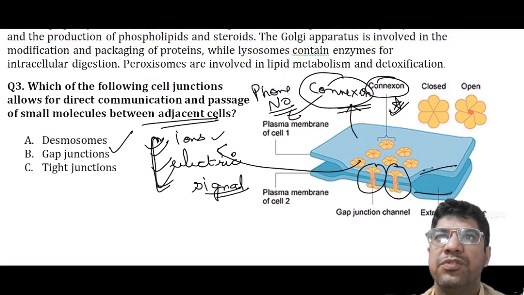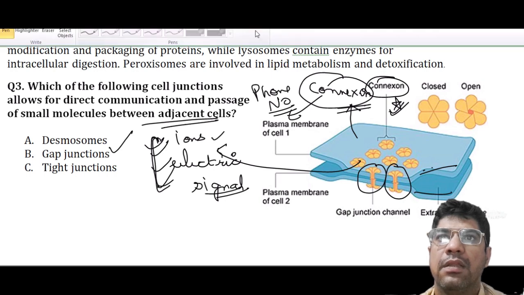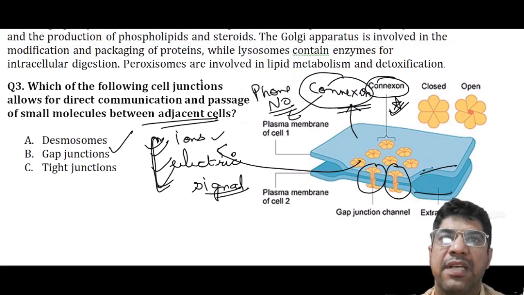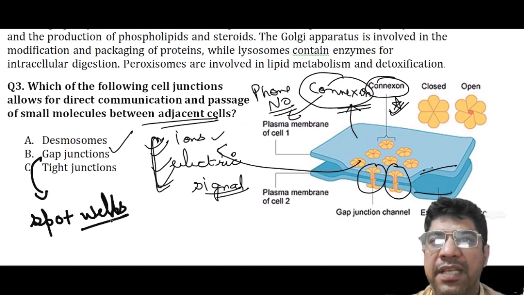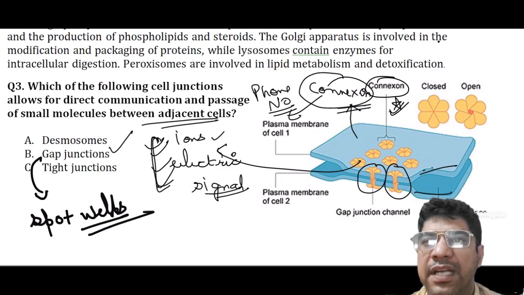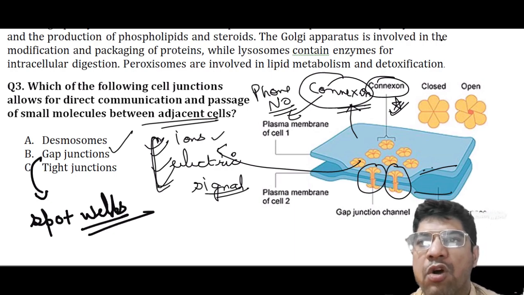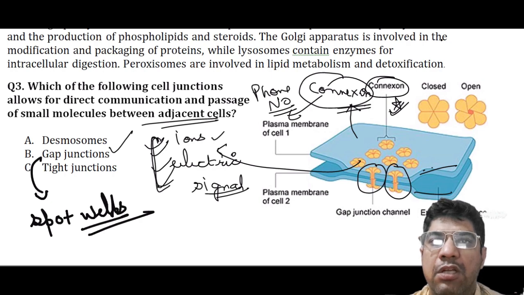Desmosomes, well, they are just like spot welders. They are specialized structures that hold the cells together and provide strong mechanical connections. The desmosomes use protein filaments to attach one cell to another.